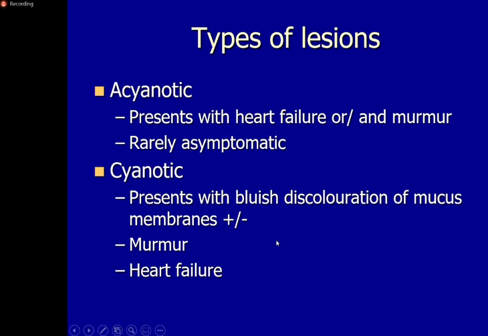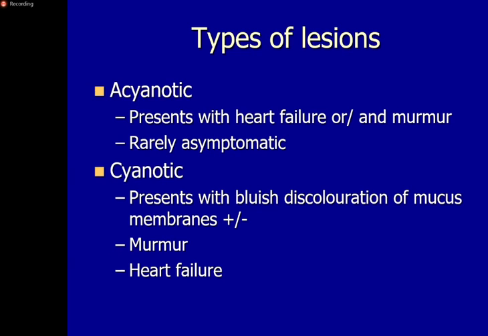If the mucous membranes are discolored, then we call it central cyanosis. That is mainly the tongue, the oral cavity and the lips. But sometimes, when the blood is moving very slowly, you can also have bluish discoloration of the fingers and toes as well. So that is peripheral cyanosis.